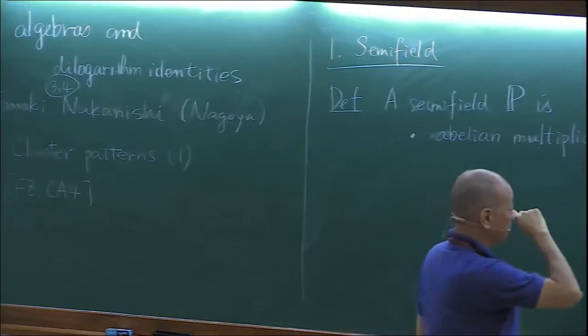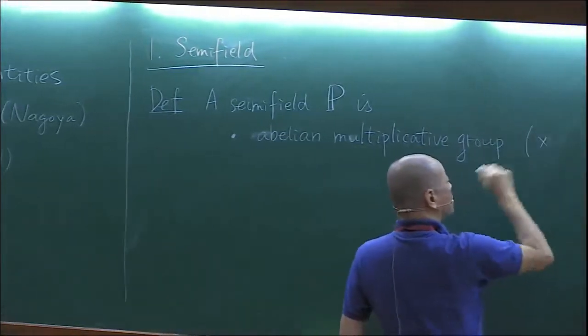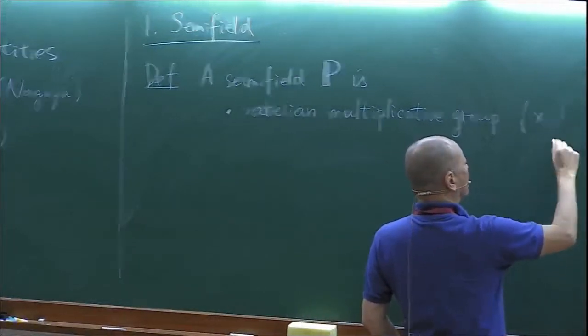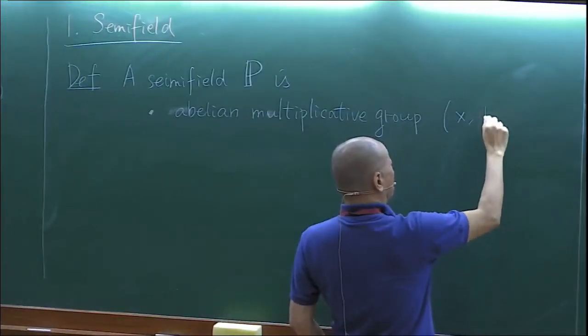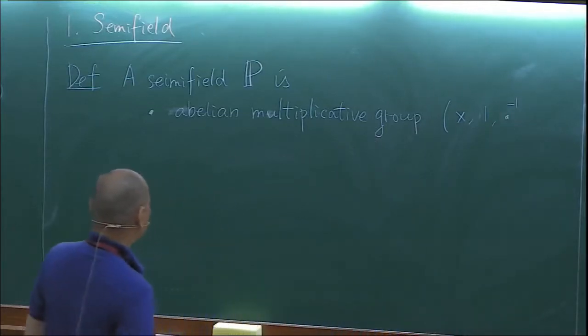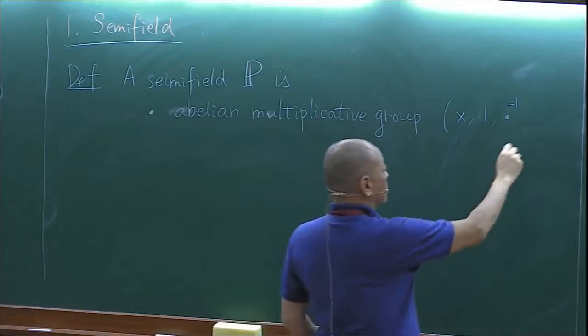It means multiplication is defined, the unit element exists, and the inverse for multiplication exists. And abelian means it is commutative.